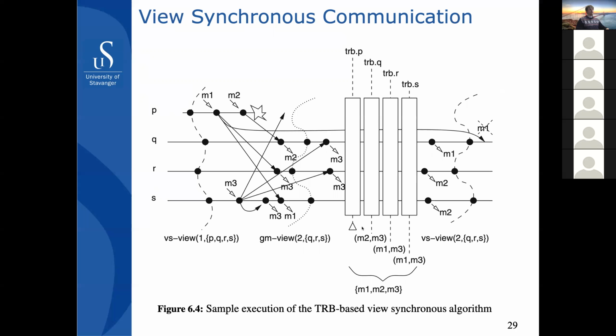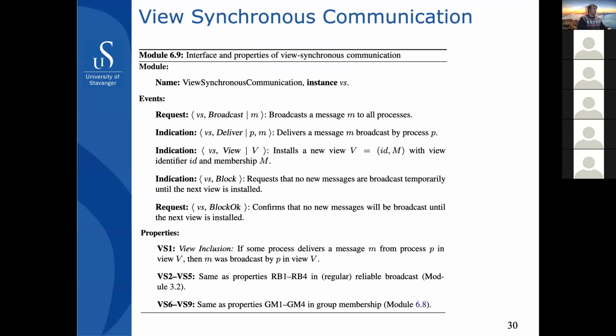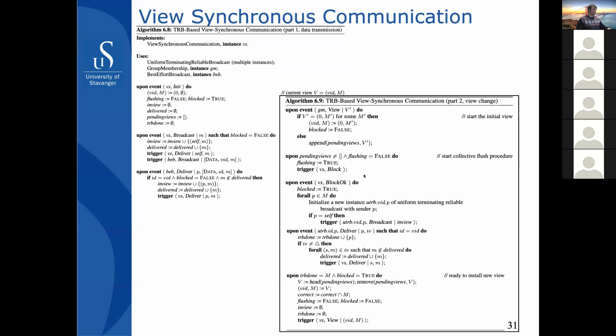Anyway, the point is that when there's a block, the processes are not allowed to broadcast new messages. You can see that here. The application or the process is allowed to broadcast whenever blocked is set to false. As long as blocked is set to false, it can include any message to the view and broadcast this message.